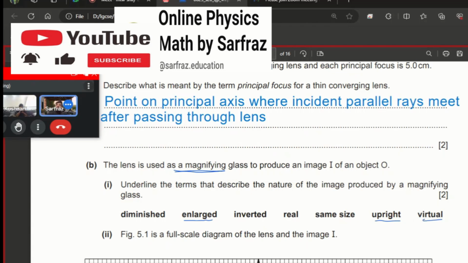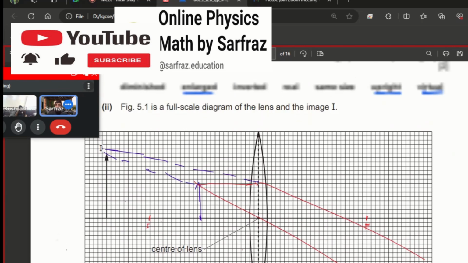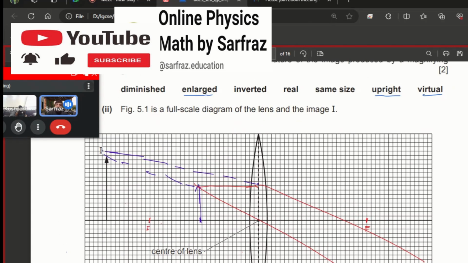Next question says that figure 5.1 is a full scale diagram of the lens and image. So here you can see this is the lens and this is the image produced by this lens. Now move to the question.